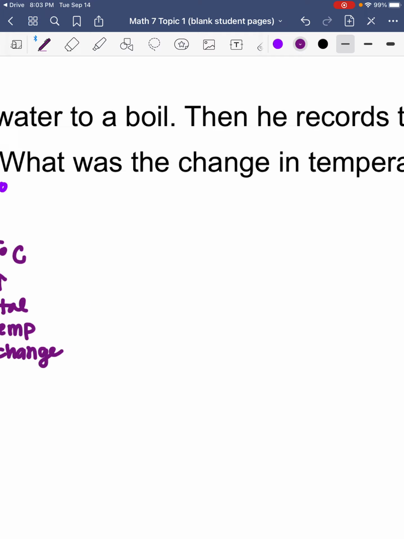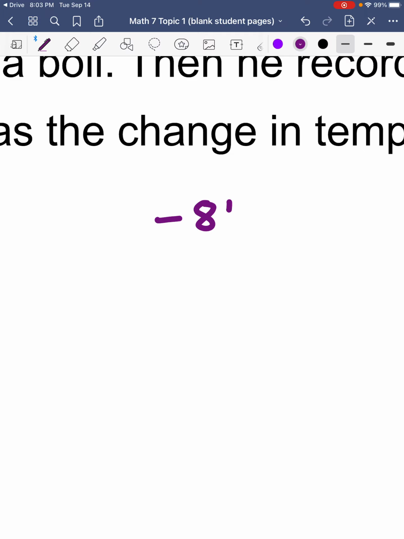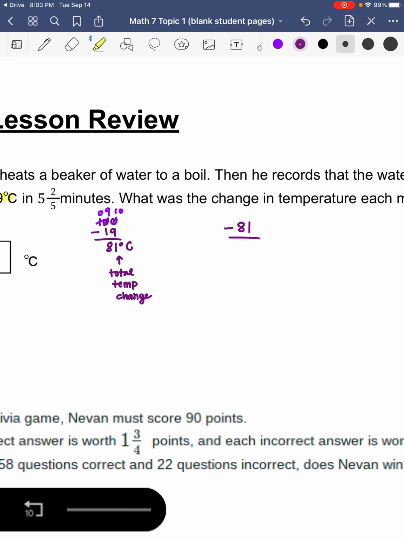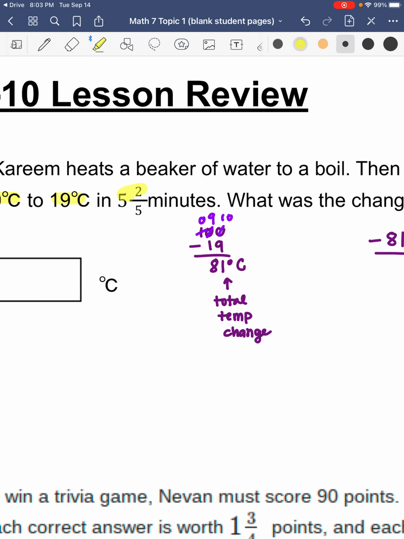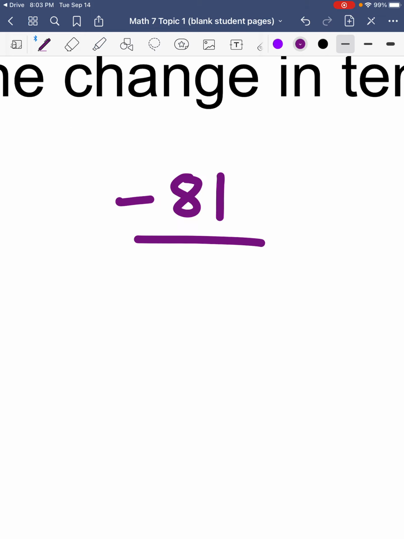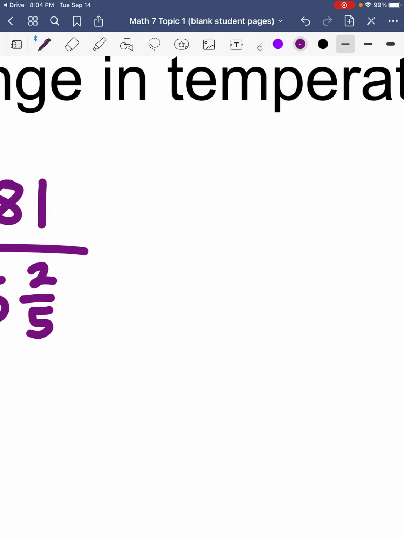Okay, so we're going to take negative 81 and divide that by how long it took for it to change that many degrees. And it took 5 2/5 minutes. So we have negative 81 divided by 5 2/5. So let's start by rewriting this. So I have two fractions. So how do I rewrite this whole number as a fraction? Negative 81 over 1. You're right.